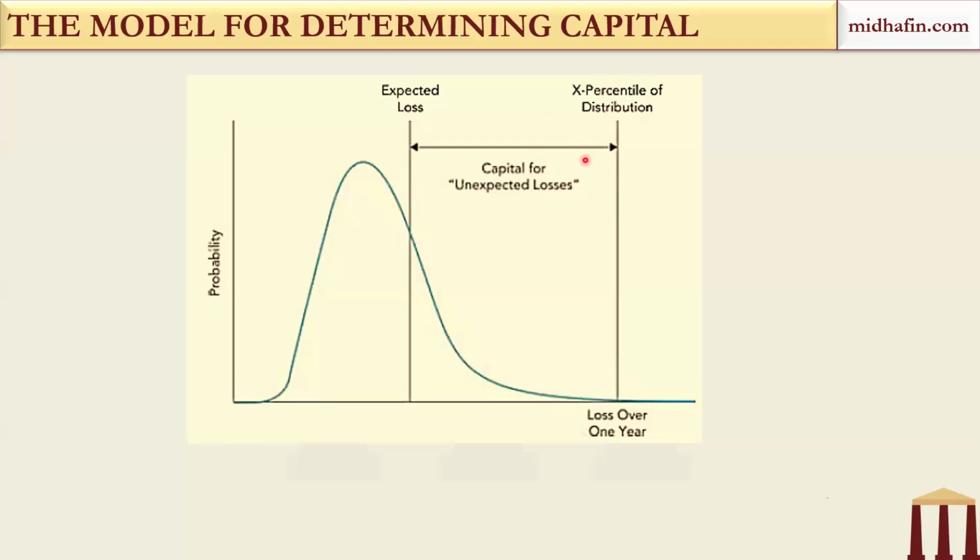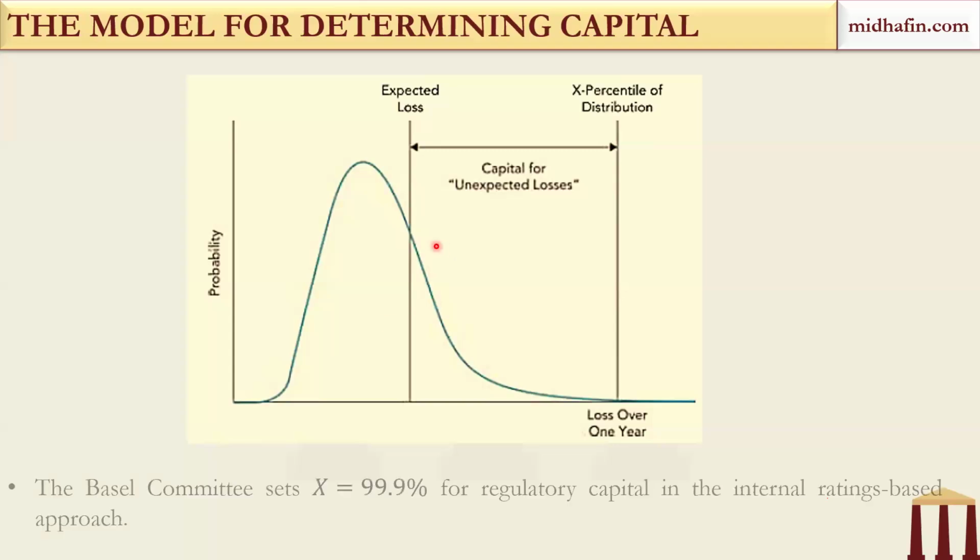That is the economic capital. And that is the difference between expected loss and the X percentile, or the very high percentile loss. And this X percentile is set by the Basel committee as 99.9%.